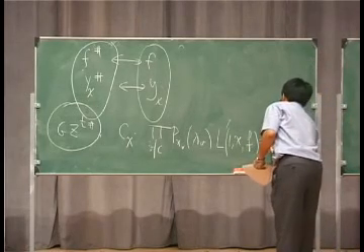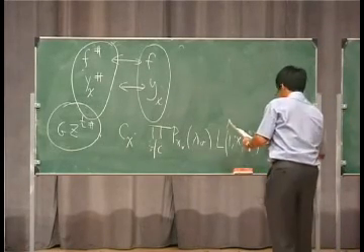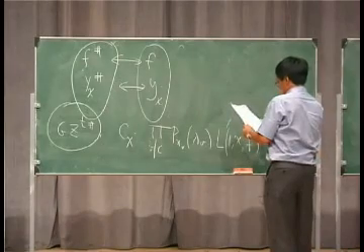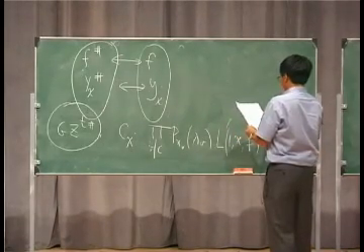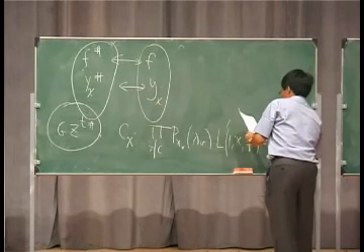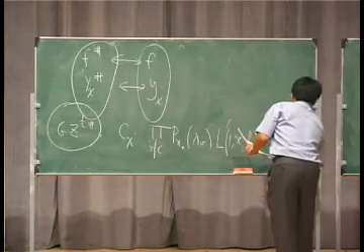Will be 2 to the G plus N, 2 to the G plus 1 times Y chi squared.